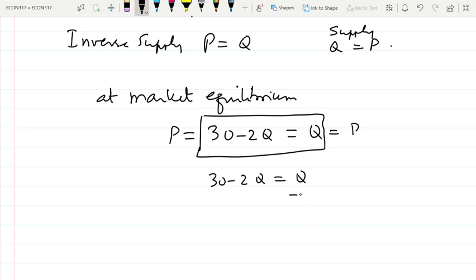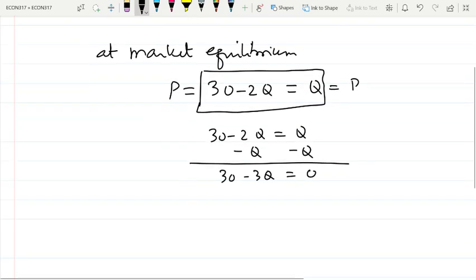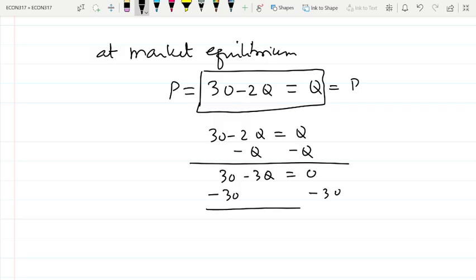First, let's move the Q on the right-hand side to the left. So I now have 30 minus 3Q equal to 0. Now I will move the constant from the left to the right. 30 and 30 cancel out, so minus 3Q equal to minus 30.